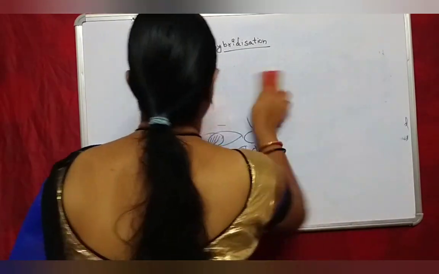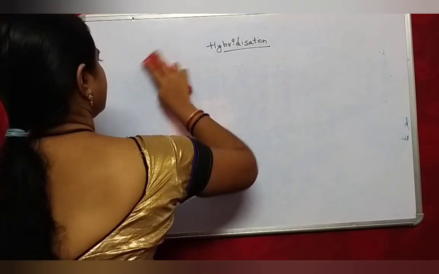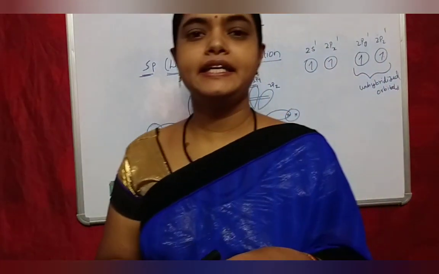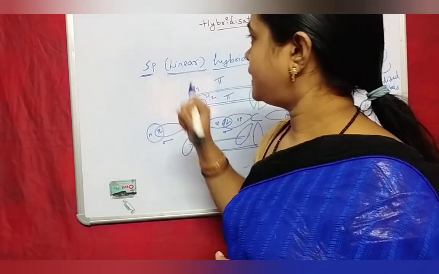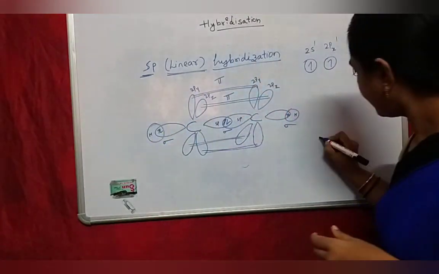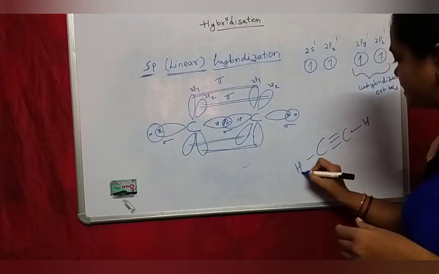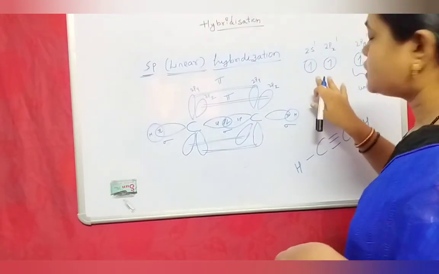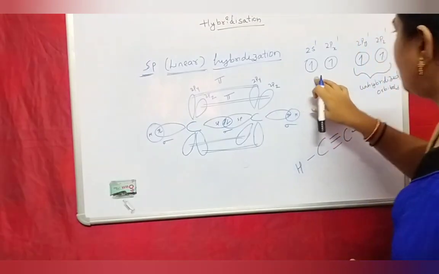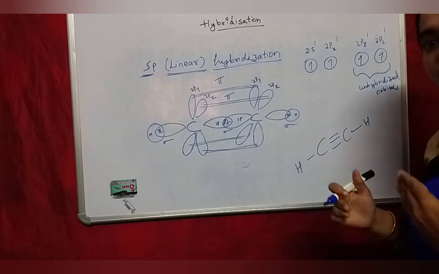And the last one is sp linear hybridization. Take an example, acetylene. Here in sp hybridization only two orbitals participate in hybridization, while 2py and 2pz are unhybrid orbitals.